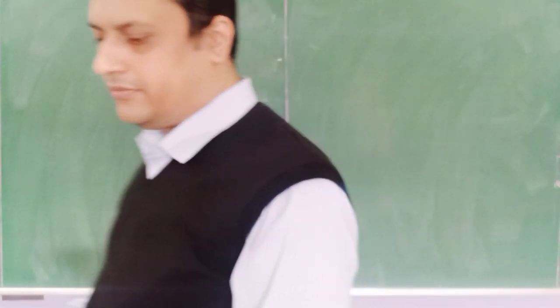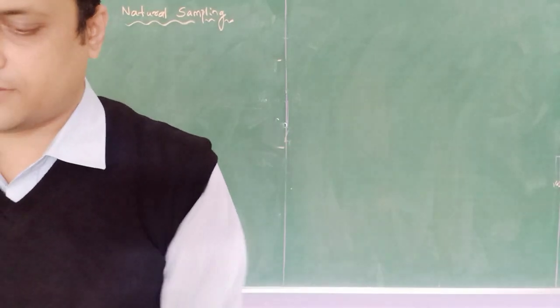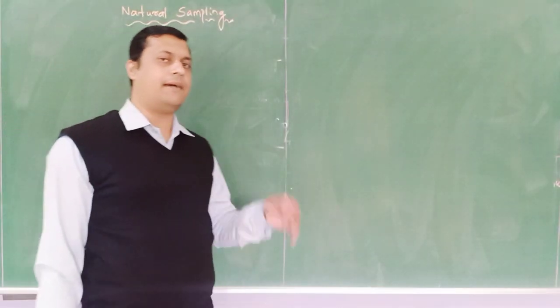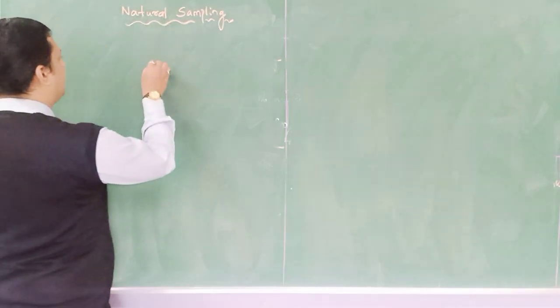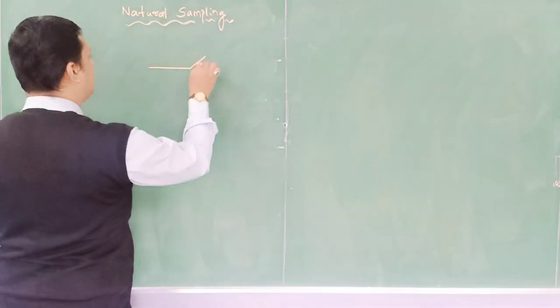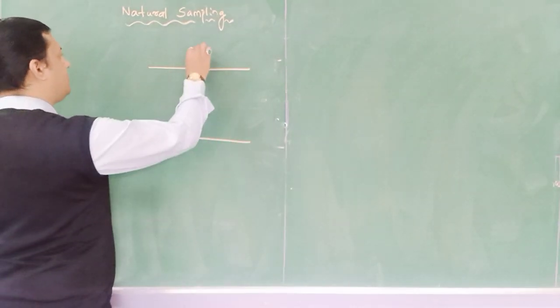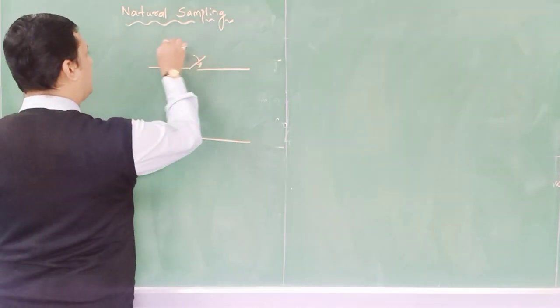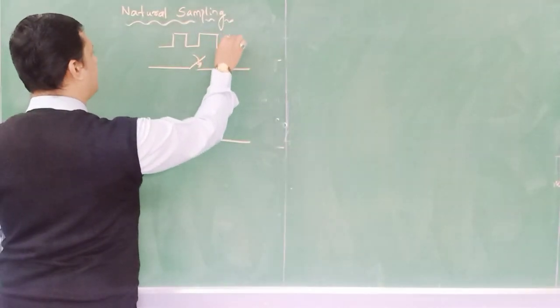So now we are going to discuss natural sampling. Natural sampling itself indicates that there is a variation in the amplitude of a sample naturally. In this case there is a switch, and this switch is controlled by pulses which I will feed here.